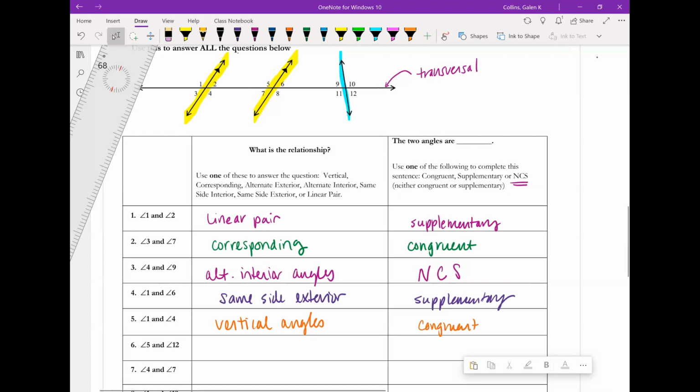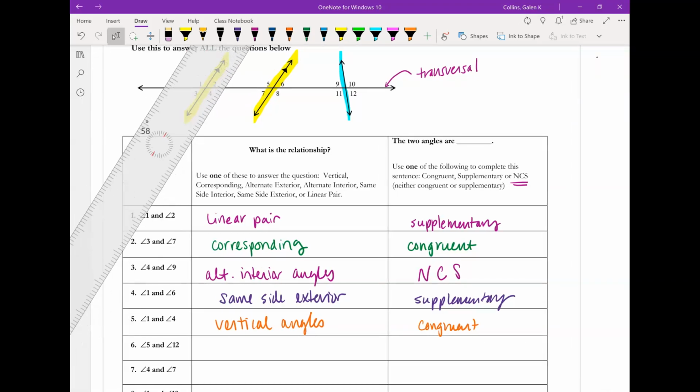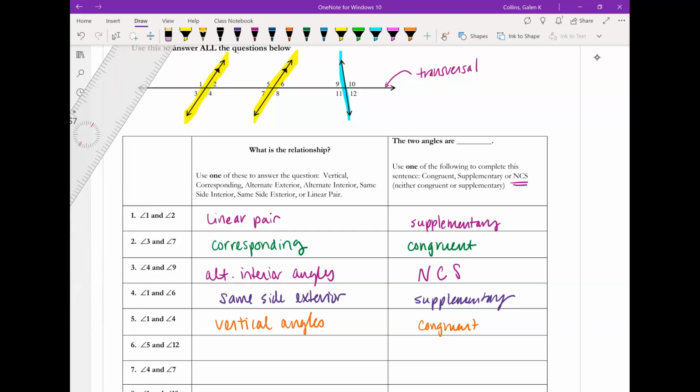Angles 5 and 12. So I'm going to ignore this line to the left. Angles 5 and 12 are both on the outside of the lines that form them with the transversal. And I think what's confusing sometimes, if we look at the line on the left, students will ask me, is 5 an interior or an exterior angle? Well, it depends what your other line is.